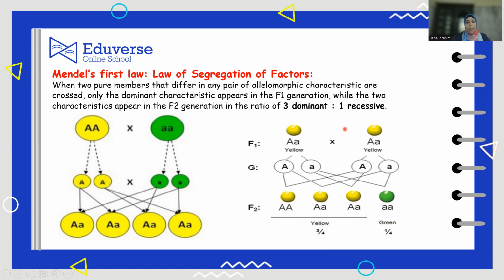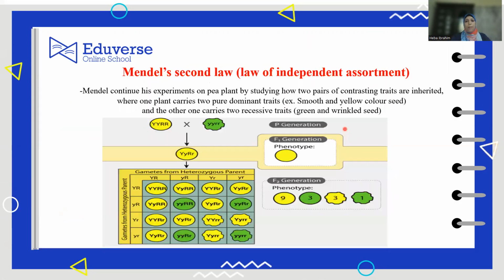So what about Mendel's second law? Mendel's second law, which is called the law of independent assortment, is to prove that each trait is inherited independently without being affected by the other.